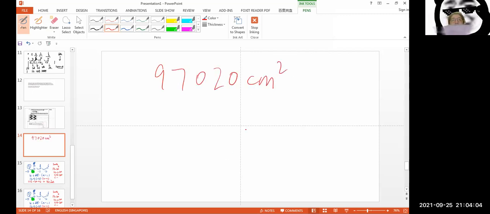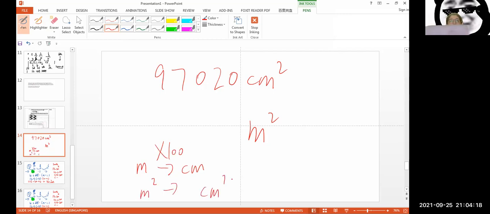So when it comes to conversion, I think you have no problem converting from m to cm. Times 100, right? So what about m squared to cm squared? In fact, the same thing. If this is not squared, the factor is 100.